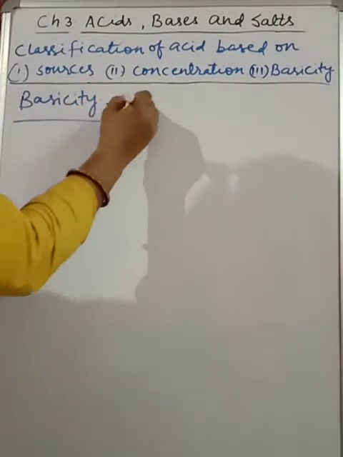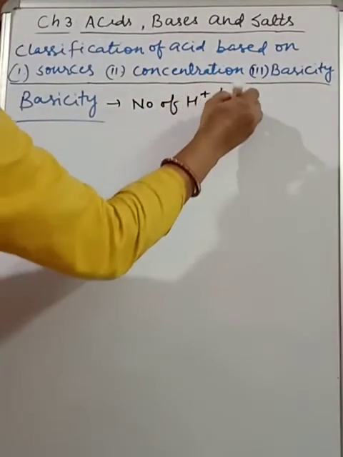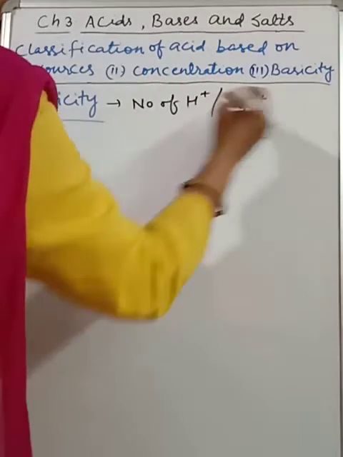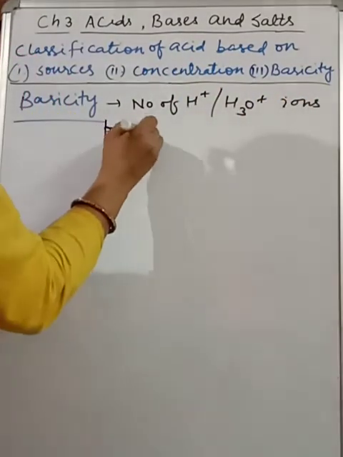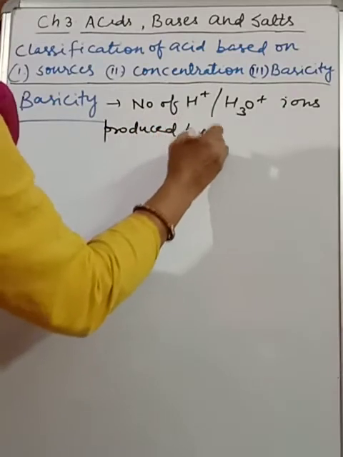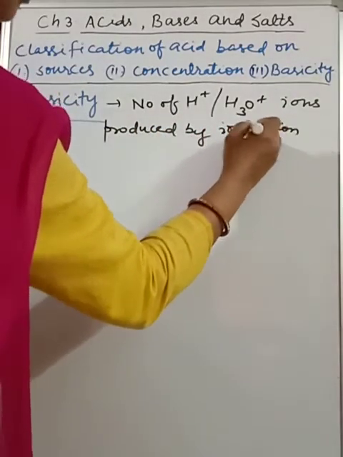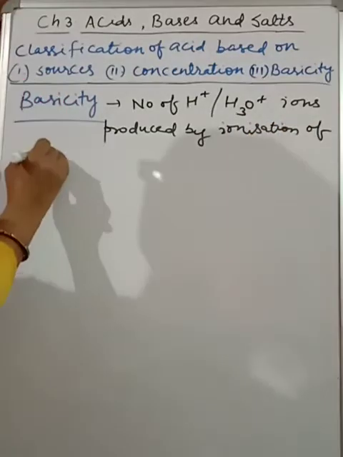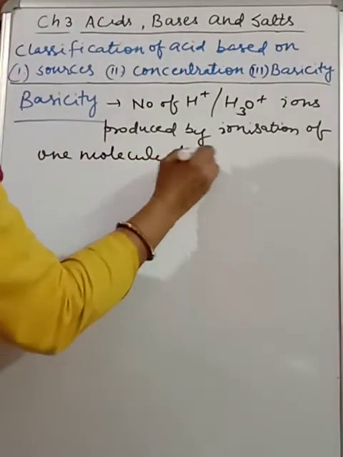So basicity means the number of either H+ or H3O+ ions produced by ionization of one molecule of acid. Okay, one molecule of acid.